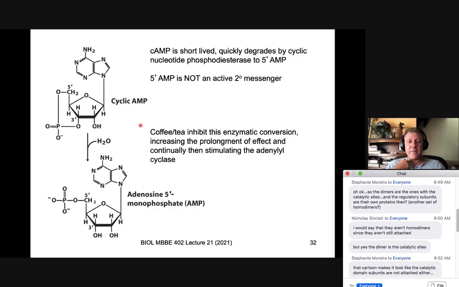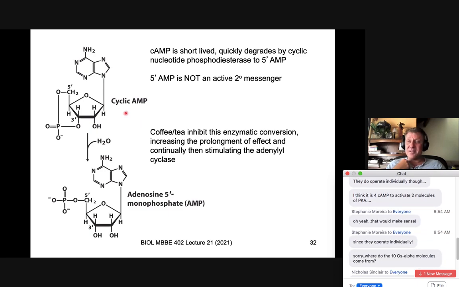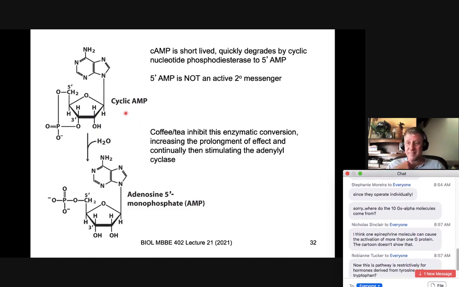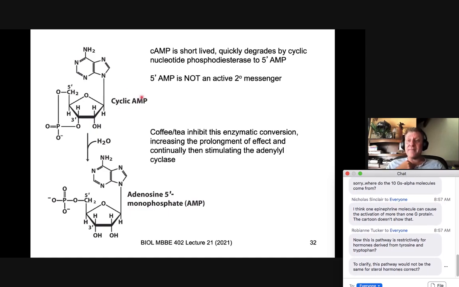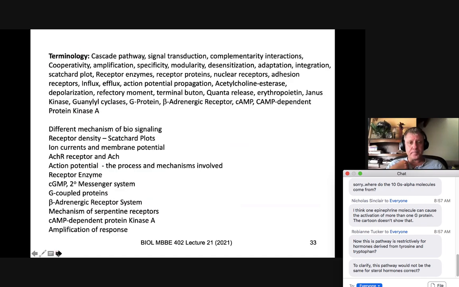But as you add coffee and tea, we see continual stimulation of this molecule being produced and therefore its concentration increasing. So it increases both its circulatory half-life and its existence within the cell. And we know this occurs because the caffeine in tea or coffee inhibits the degradation of cyclic AMP to adenosine 5' monophosphate, or AMP.